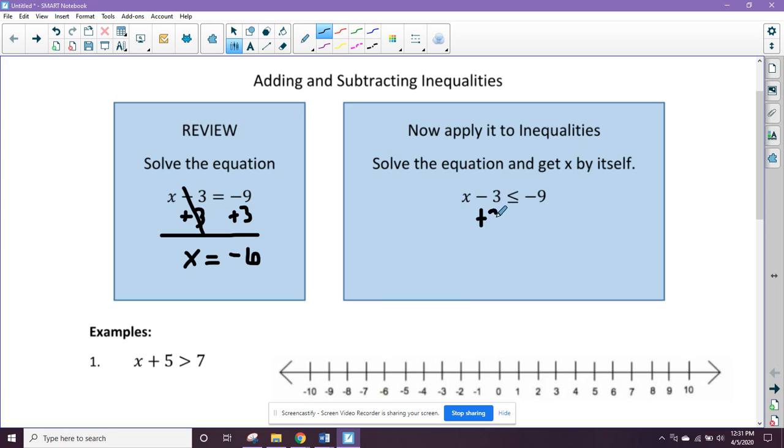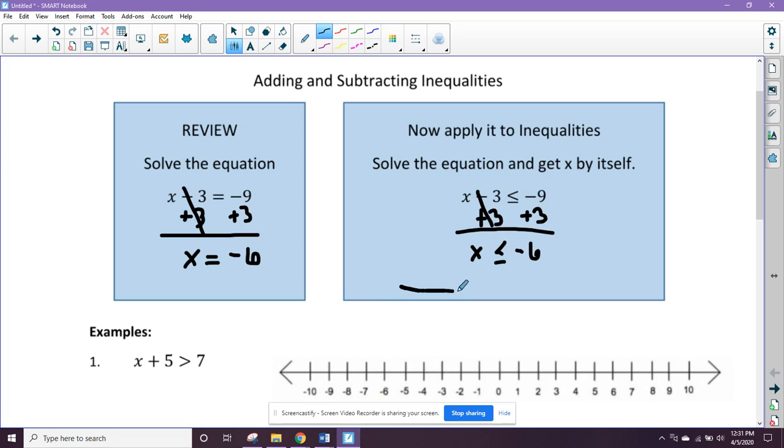Add 3 to both sides. Cancels out, so we get x. We bring down the symbol, less than or equal to negative 6. And then we just graph it just like we did before.